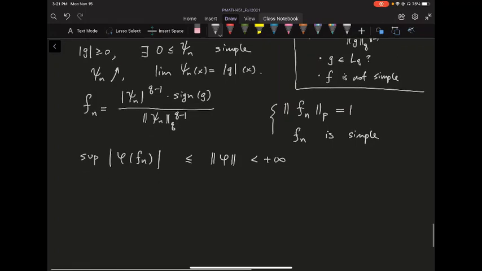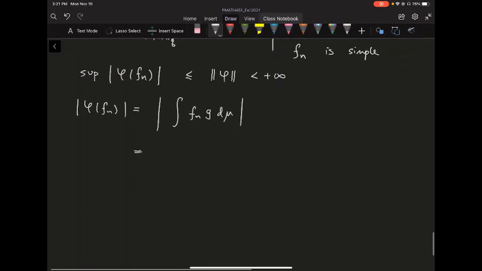And on the other hand, because fn is a simple function, let's put the absolute value outside. This is the integral of fn g d mu. And let's just write using the definition.